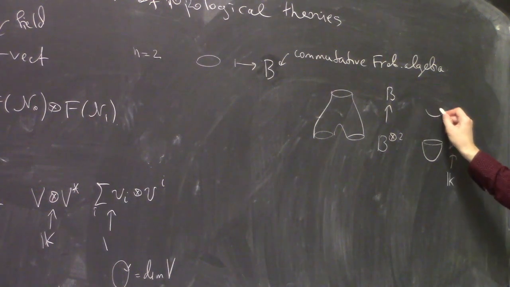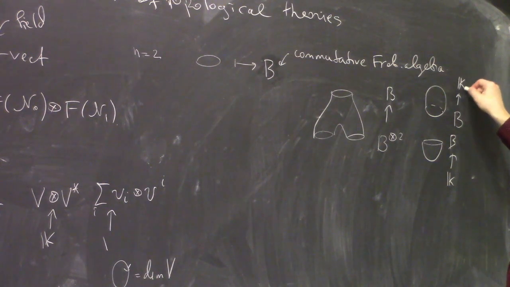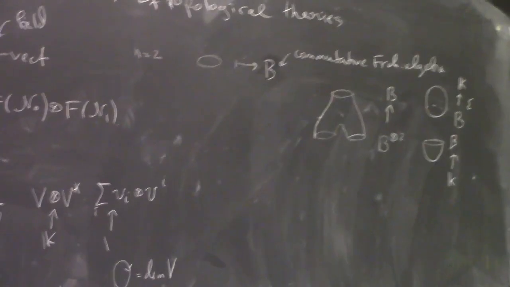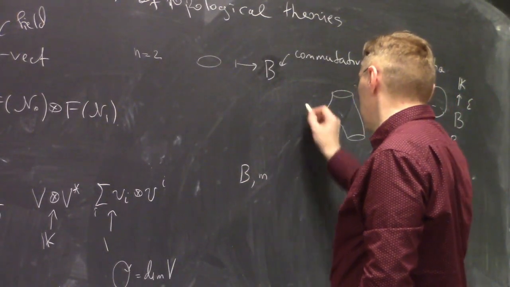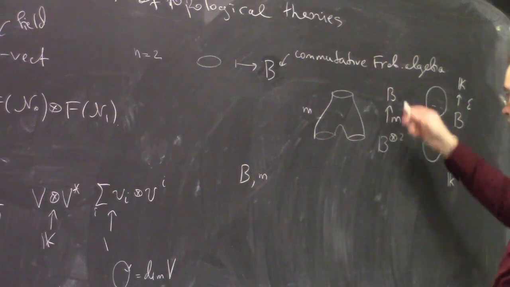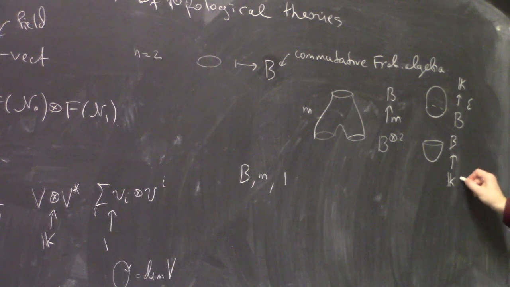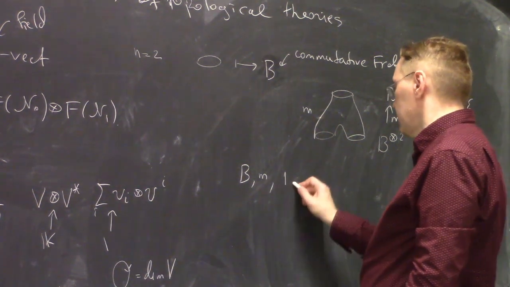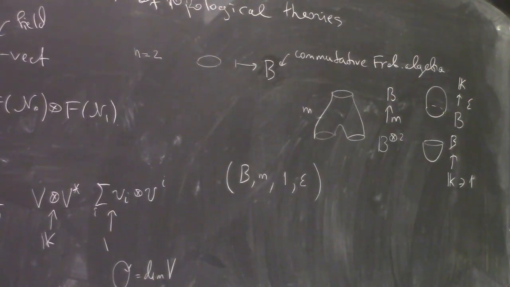And then you'll have a map from B to the ground field K, and this is going to be your trace map. So you'll have a commutative Frobenius algebra B, so it comes with multiplication induced by this map, unit element 1, the image of 1 under this cup map, and trace map. And when you write down the axioms, you see that it's a commutative Frobenius algebra.